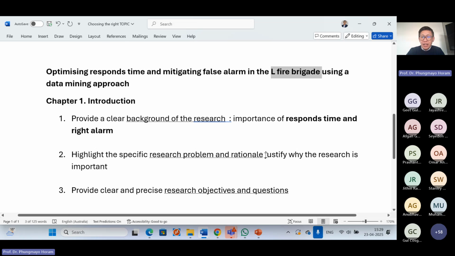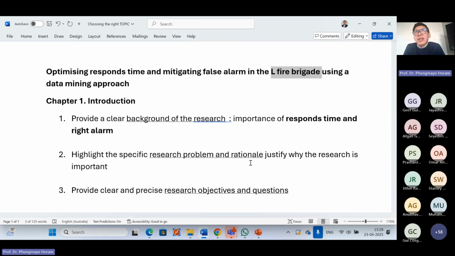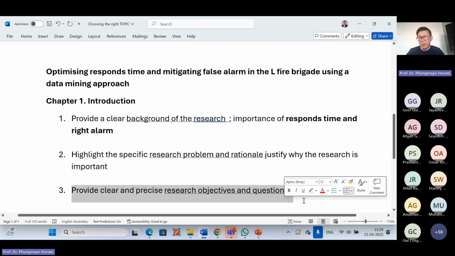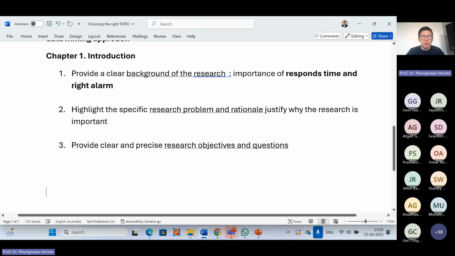So that is the rationale or the problem statement justifying your research. You are saying that in London Fire Brigade there have been a lot of inefficiency issues here and there, so due to that comes your research objective. Since you are trying to address that problem, now let's look at your research objectives.